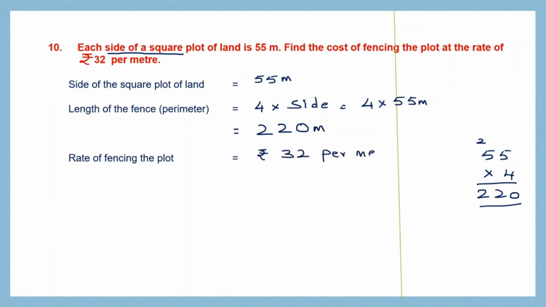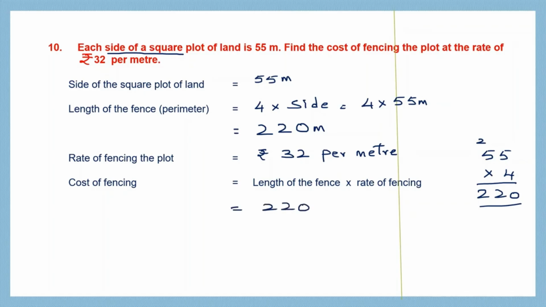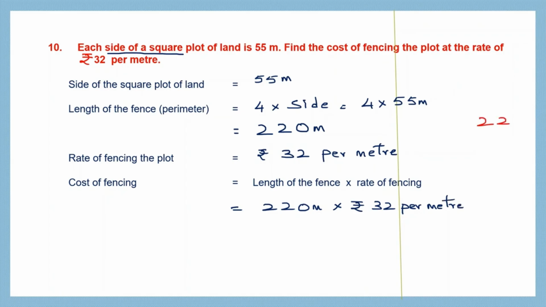So now we have the length of the fence, we have the rate of fencing the plot, we can find the cost of fencing, which is length of the fence into rate of fencing. So length of the fence is 220 meters. The rate of fencing is rupees 32 per meter. So we need to multiply these two to get our answer. So 220 into 32.